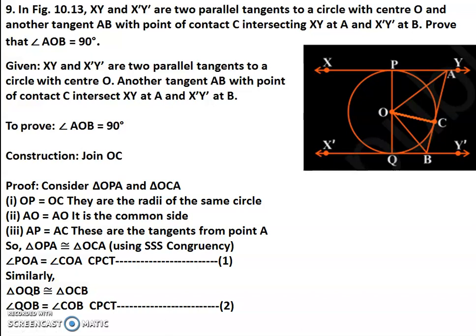Then you can prove that angle QOB is equal to angle COB using corresponding parts of congruent triangles. We have numbered these as the first equation and second equation.